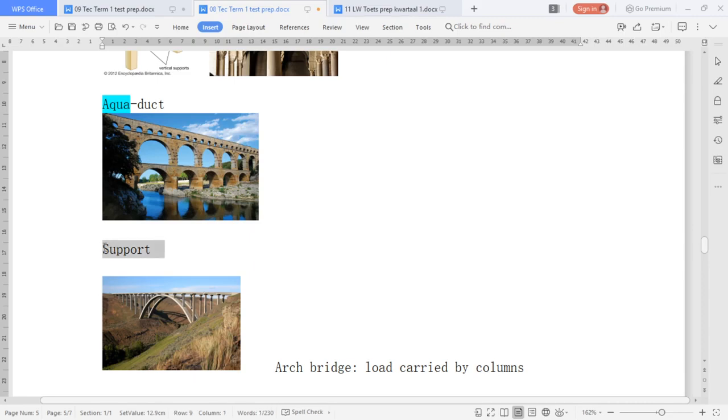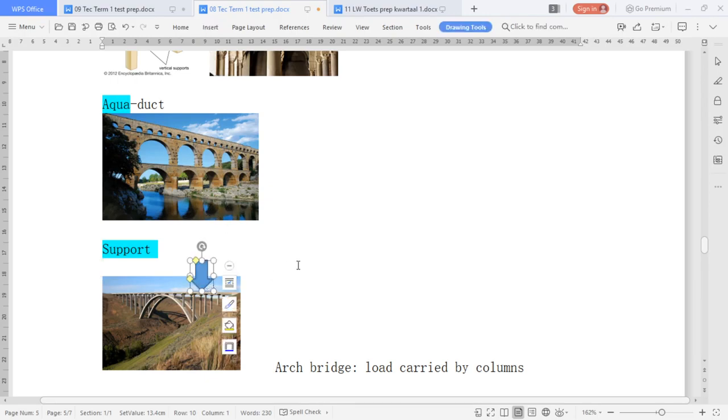Okay, then arches can also be used to support things. So here we've got an arch bridge. The arch here helps support the load of the bridge. In an arch bridge like this, the columns over here carry the load. Let's put in an arrow there, then you can see what I mean.